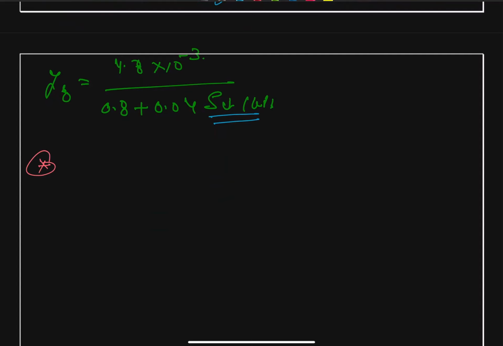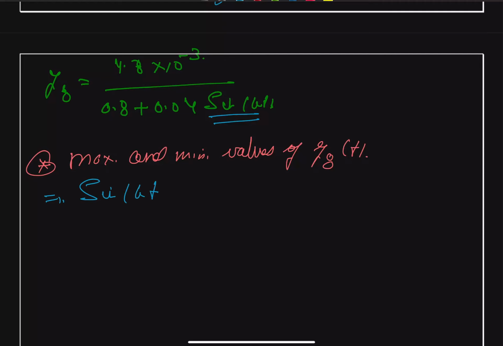You can say maximum and minimum values of the nth fringe with respect to time t, and we know that the sine of omega t varies from -1 to +1.